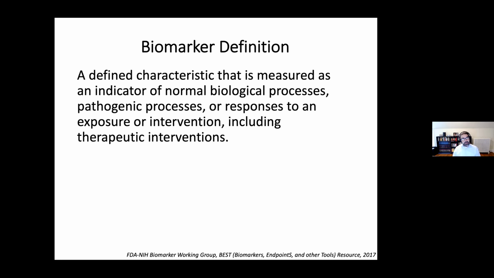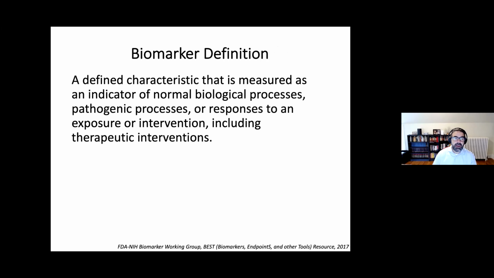And the Food and Drug Administration has brought together the National Institute of Scientists who really have expertise in biomarkers, and this is their definition: a defined characteristic that's measured as an indicator of normal biological processes, pathogenic processes, or responses to an exposure or intervention, including therapeutic intervention. So lots of words, but what do you take away from this? A biomarker is something that can be measured objectively that tells us something about an organism that's relevant to the comprehension or care of that organism.